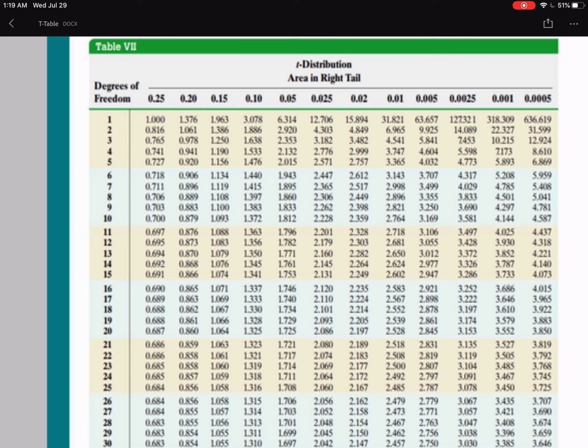Why is that? Because we know that we are looking for the probability t is greater than 0.013, right? 0.013 is in the first column here.